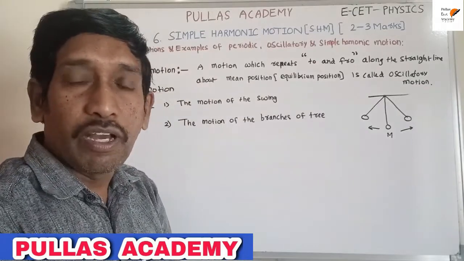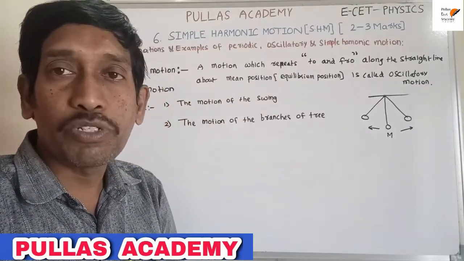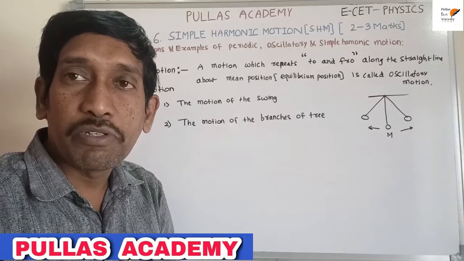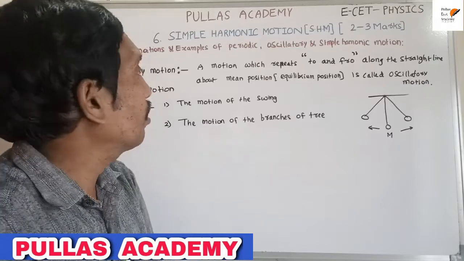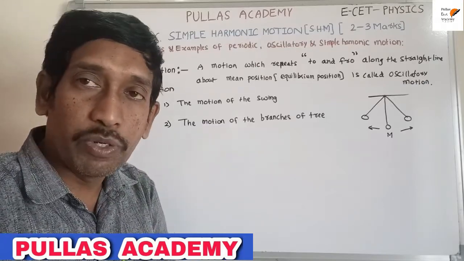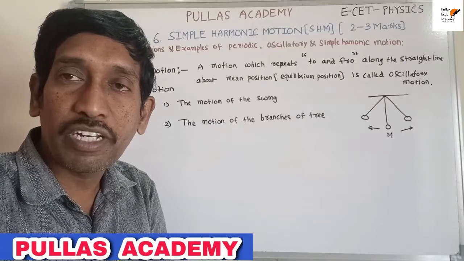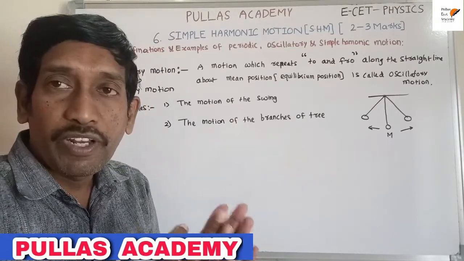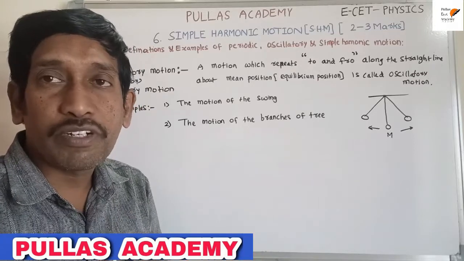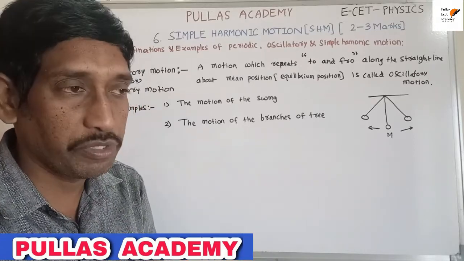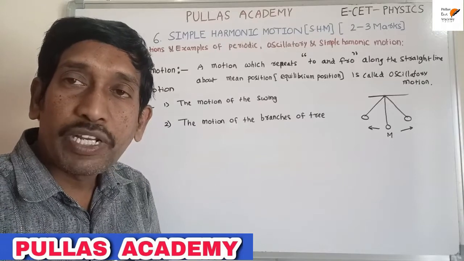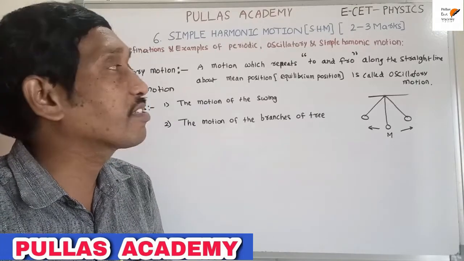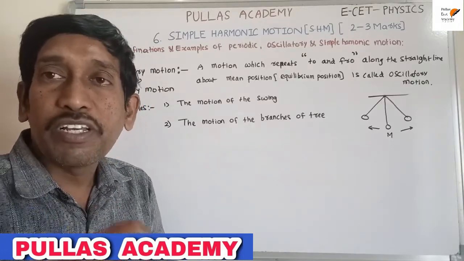Actually, in nature we have three types of motions: translatory motion, rotationary motion and oscillatory motion. Do you know the difference among these three types of motions? If any object moves along a straight line, that is translatory motion. If any object is moving along a curved line, that is called rotationary motion.